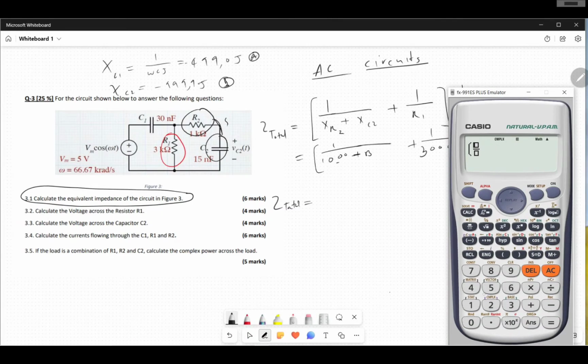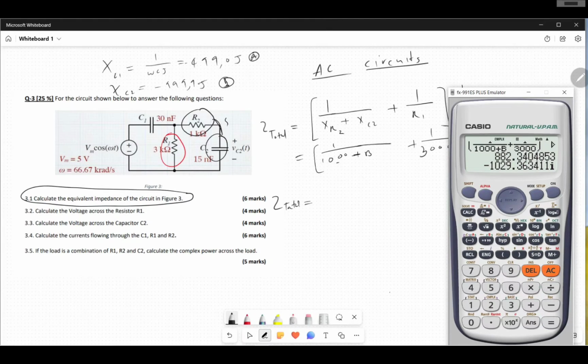I'm going to open brackets, fraction 1 all over 1000 plus B. I've saved it at B, alpha B. Then I move out, and then I'm adding 1 all over 3000, then close, then everything is flipped. Then I'm adding the impedance of C1, which is alpha A. Then I get my answer here.